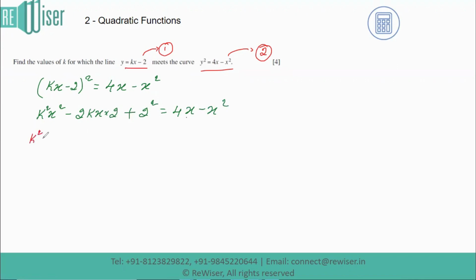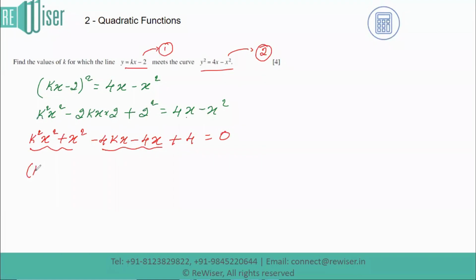So it would be k square x square plus x square. And in this one, this is going to be minus 4kx, and this one also goes to the left hand side, so it's going to be minus 4x, then plus 4 equals to 0.